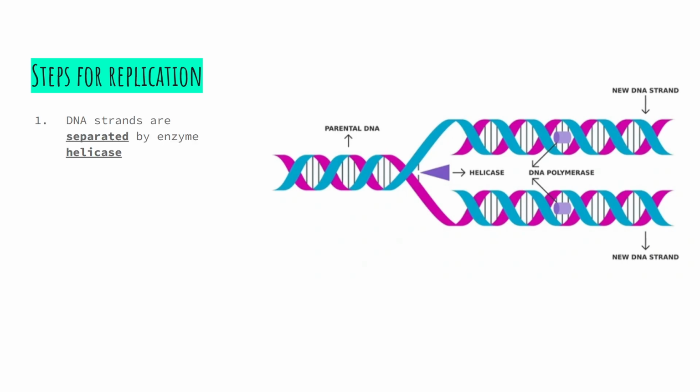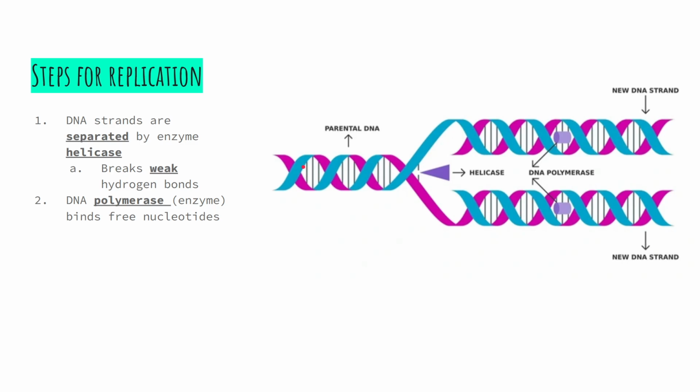So first, DNA strands are separated by an enzyme called helicase. This unzips the DNA, so we get two strands on either side, and this makes our fork-like structure. It breaks the weak hydrogen bonds between the bases so that they can separate.